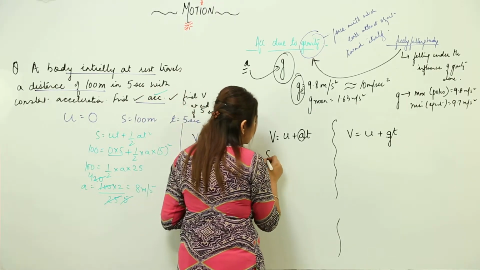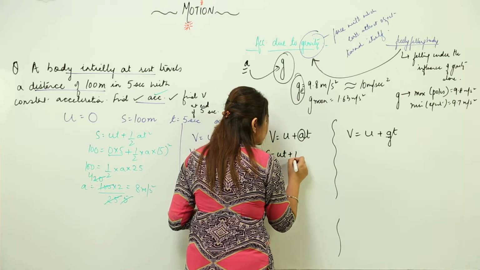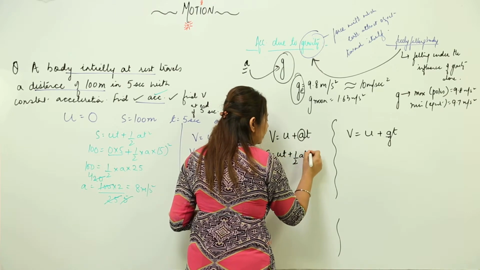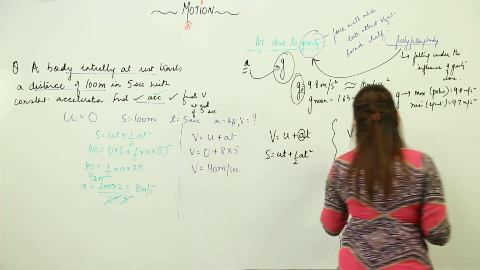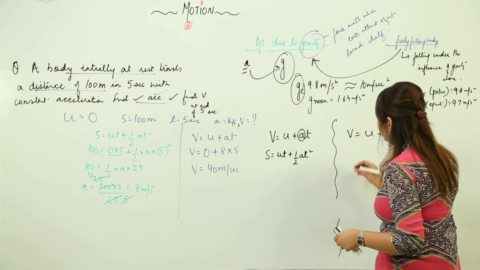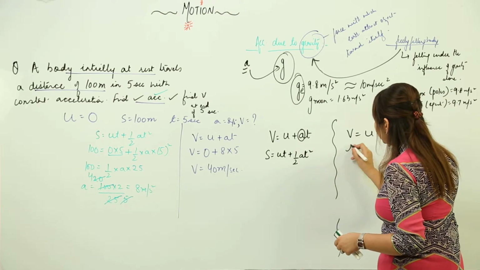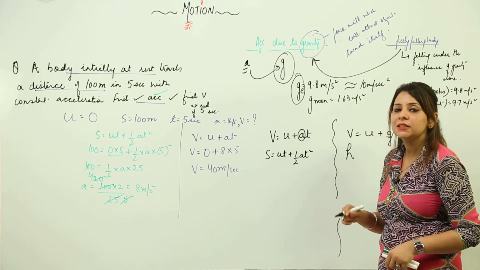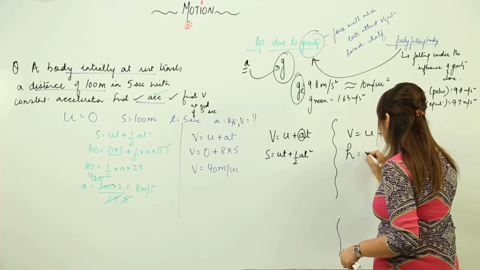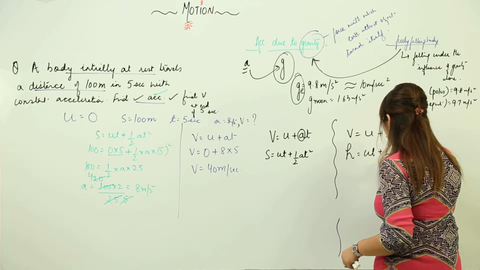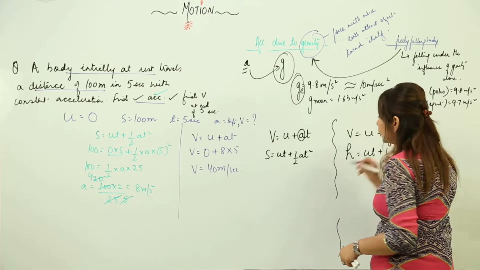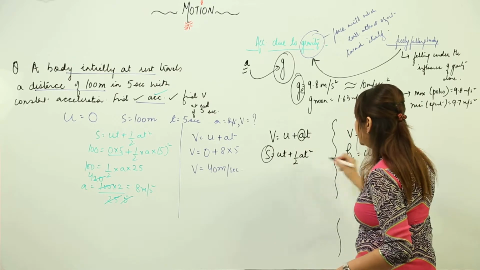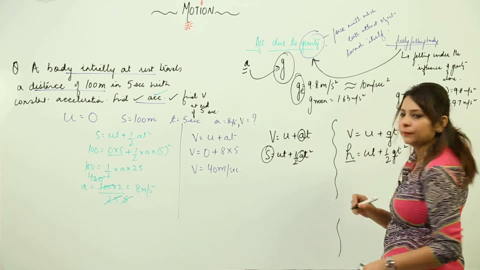Likewise, the second equation, s is equal to ut plus half at squared. If we apply acceleration due to gravity, here s becomes h, because we will be throwing anything up or down, so we will take distance as height. h is equal to ut plus half gt square. So we have replaced s with h and a with g.